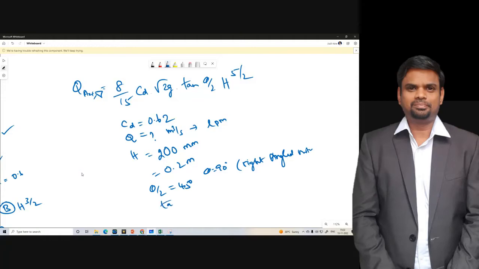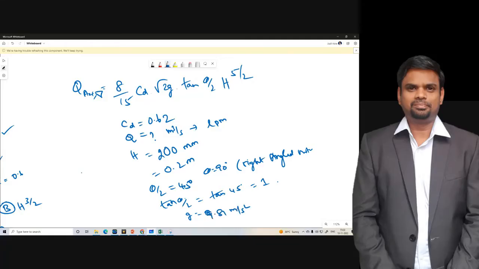So what is tan theta by 2? Tan theta by 2 is equal to tan 45, and we all know that tan 45 is 1. The g value we know is 9.81 meter per second square.